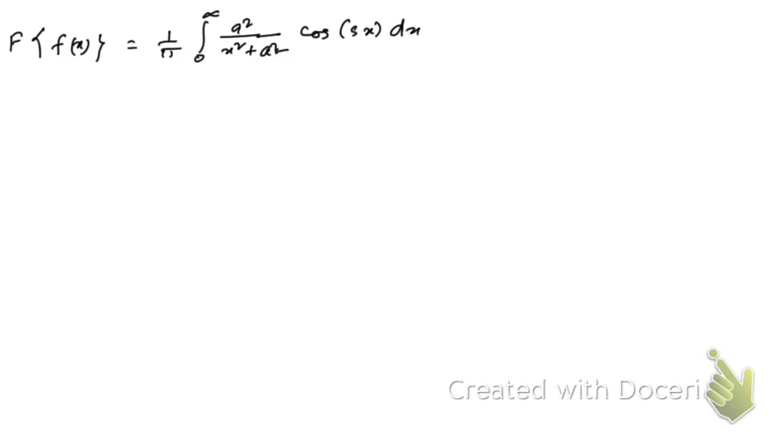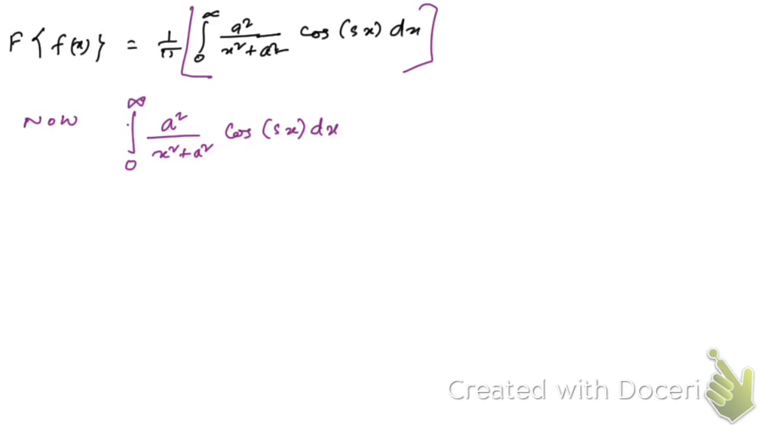Now you see, let us take this part only, zero to infinity a square by x square plus a square cos sx dx. Okay, let us take this one.